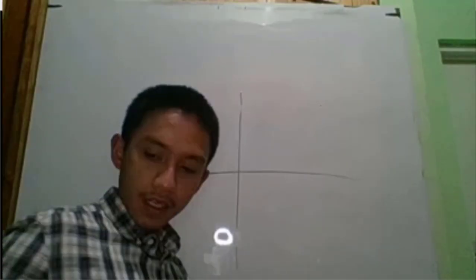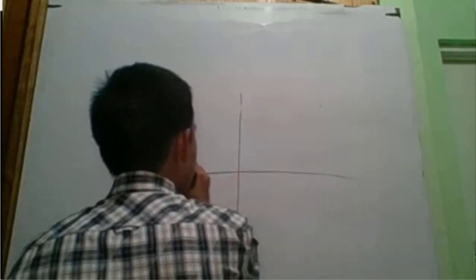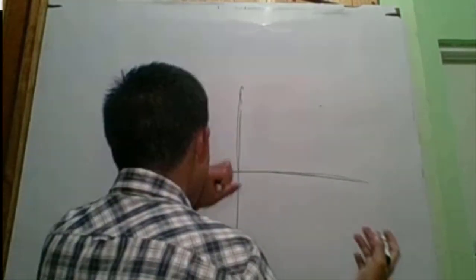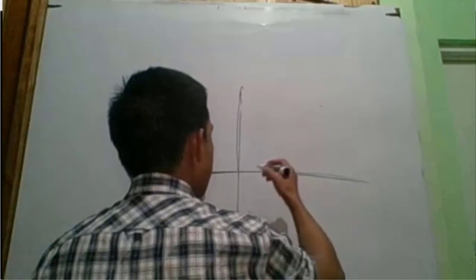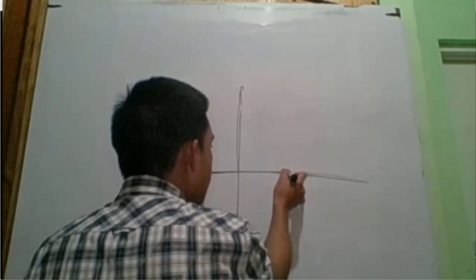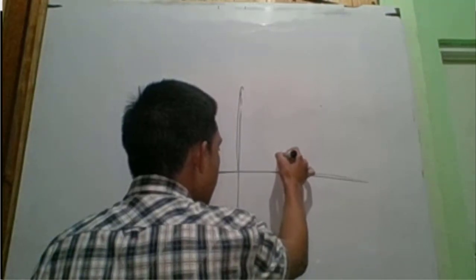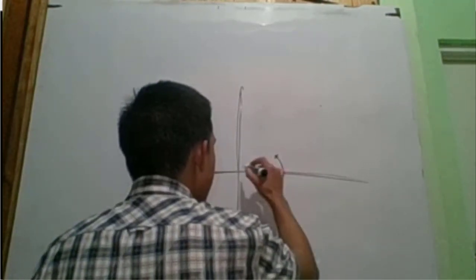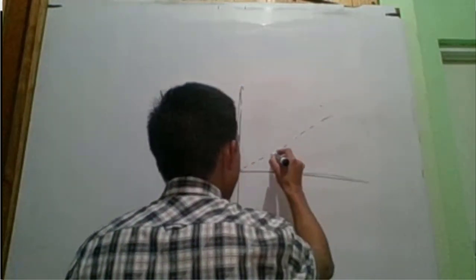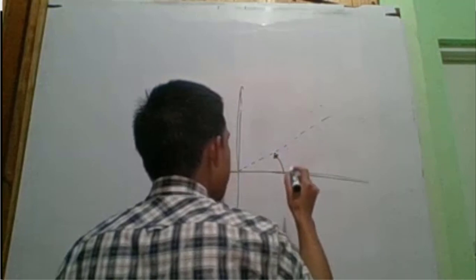Okay, so let's say this is again your horizontal and vertical. There is no x and y since this is not a rectangular coordinate. So let's say this is the terminal. You are given a theta which is 30 degrees. So the point will lie somewhere on this line, since that is the 30 degrees.